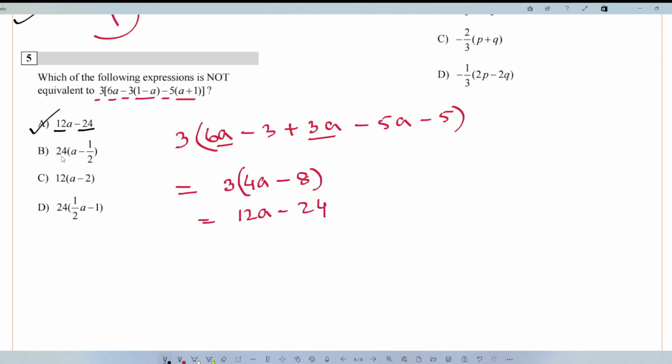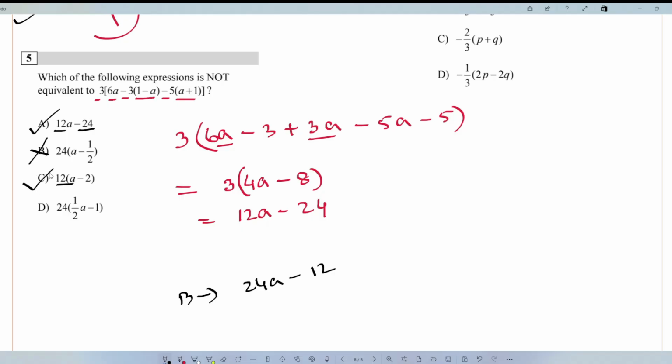Now look, 24 times (a minus 1 by 2). Once we multiply this one, for number b, what will happen? Here is 24a and 24 times 1 by 2 will become 12. So number b is not okay. Similar thing, number c, once we multiply (a minus 2) by 12, here is 12a and 12 times 2 means 24.